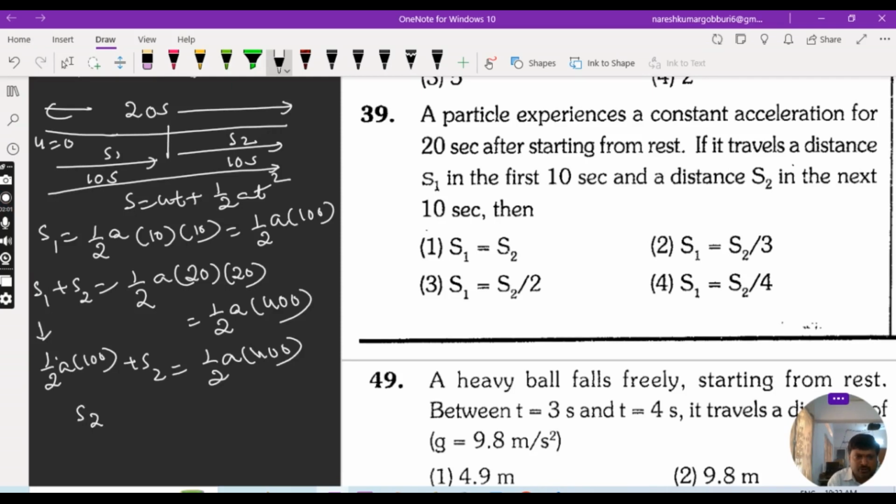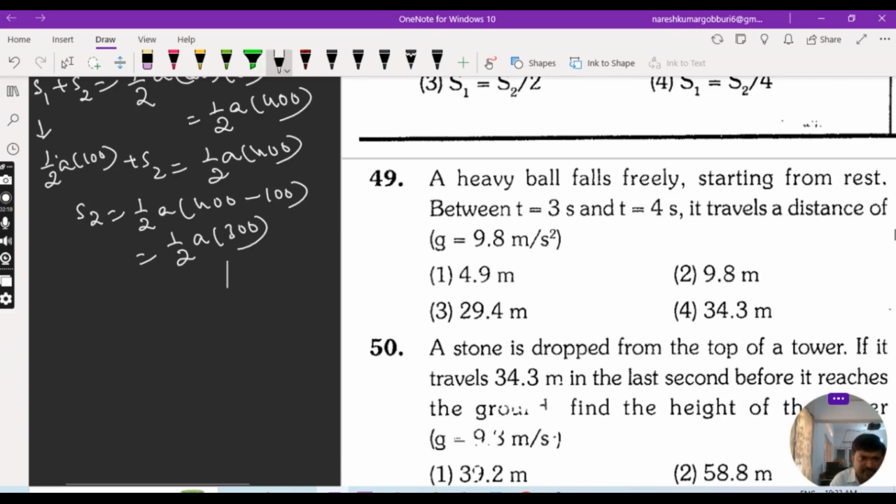From this, S2 is equal to half a, if you take common, 400 minus 100, that is equal to half a 300. So express this in terms of S1. We can recognize this as 3 into half a 100.